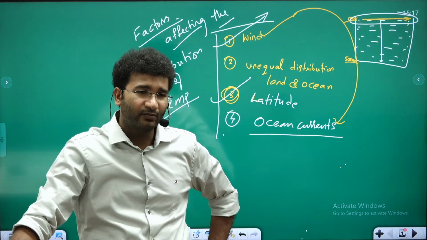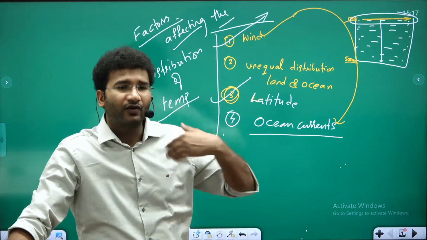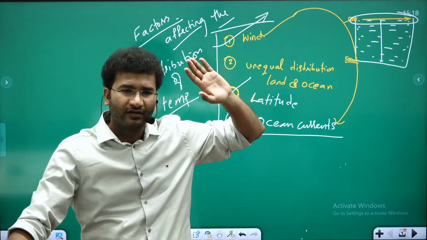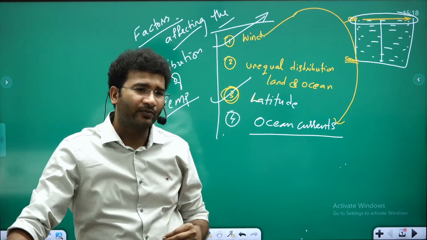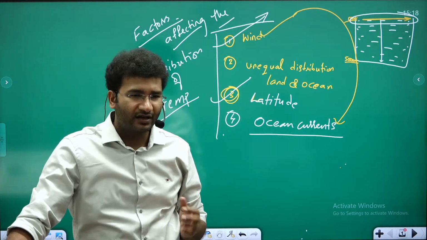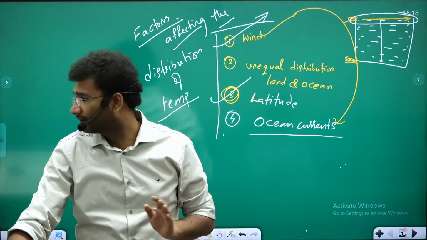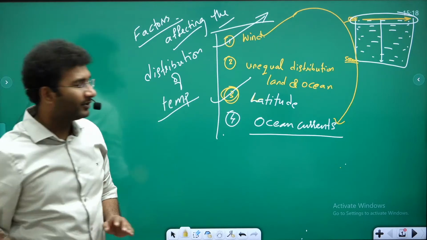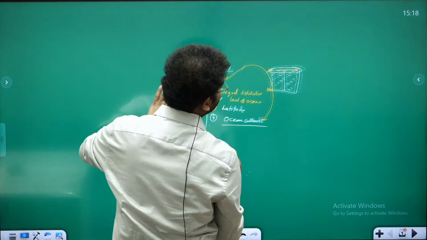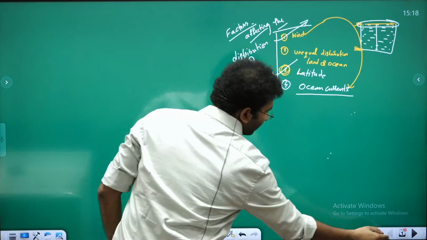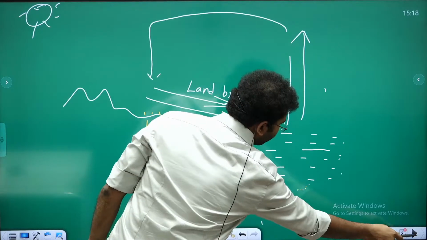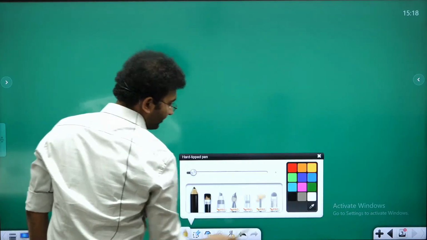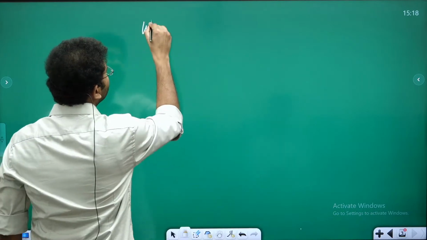Ocean currents are nothing but movement of water over a longer distance in the ocean, and these currents are formed because of wind as the primary factor. If wind is the primary factor here, the next factor that we have to look at is wind plus ocean currents.